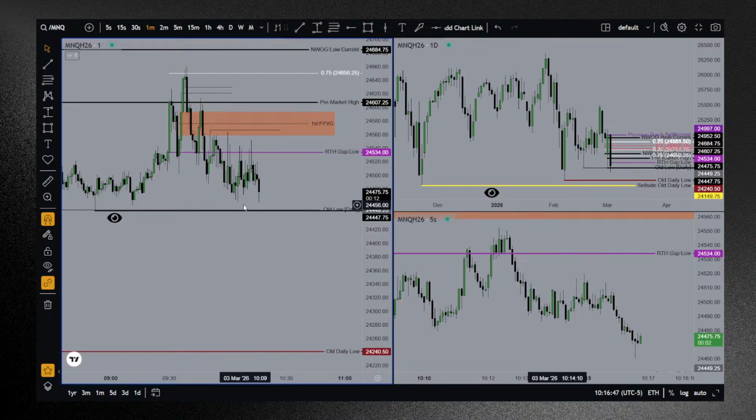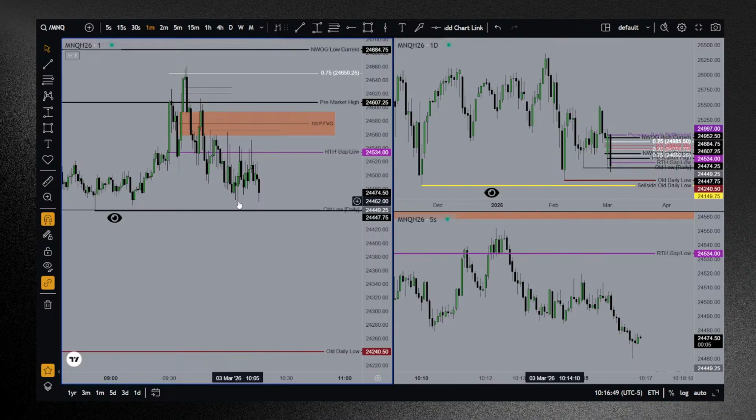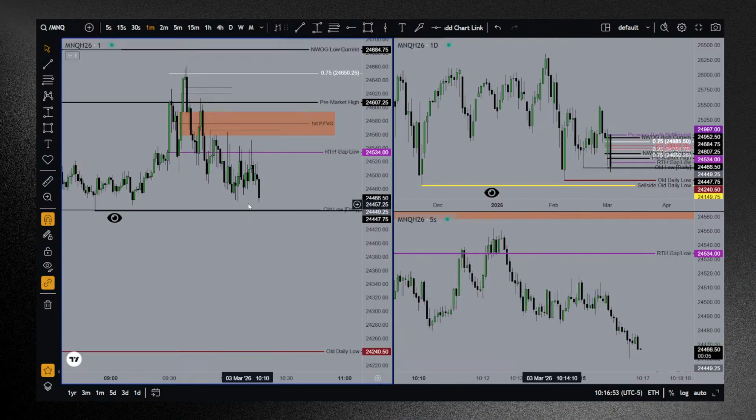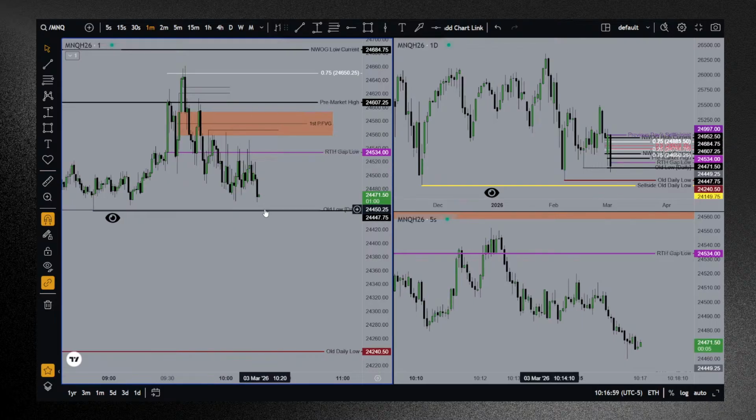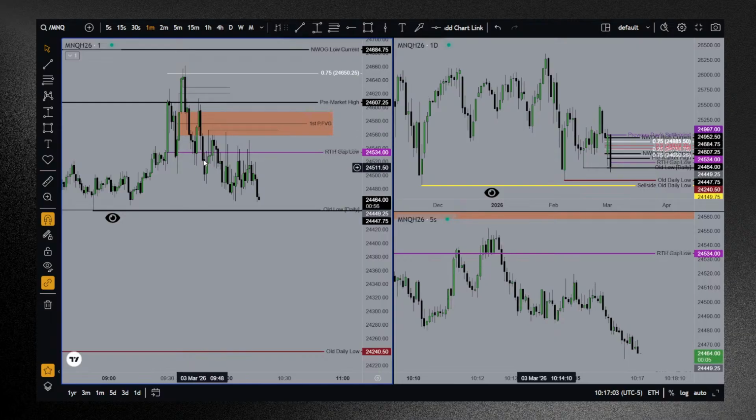So basically, if it goes here and clears the sell side, that will be a moral victory, but there was really nothing high probability to engage on.